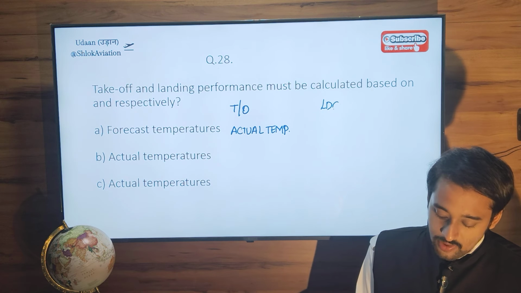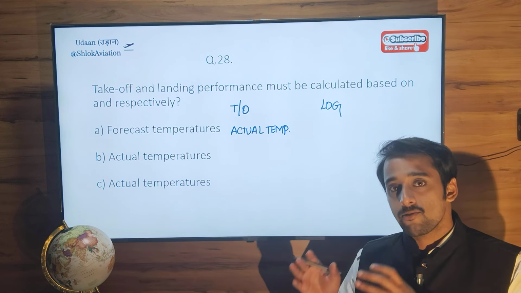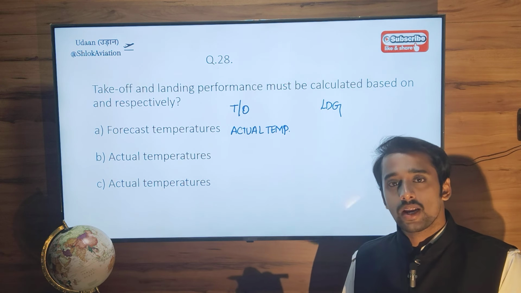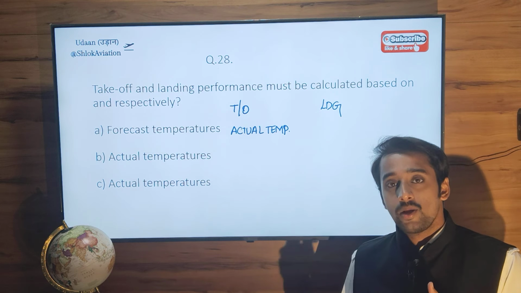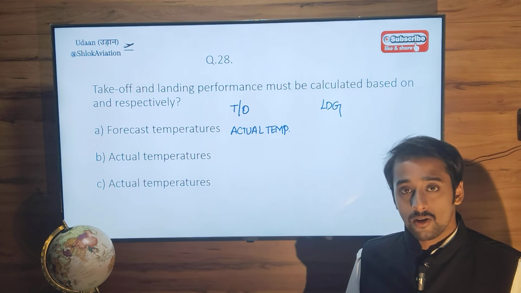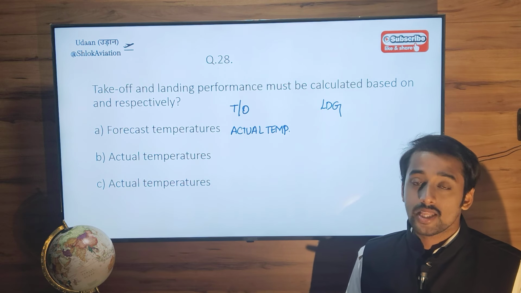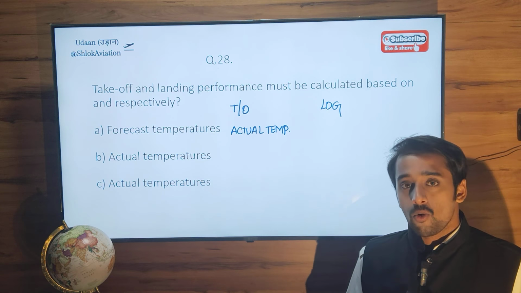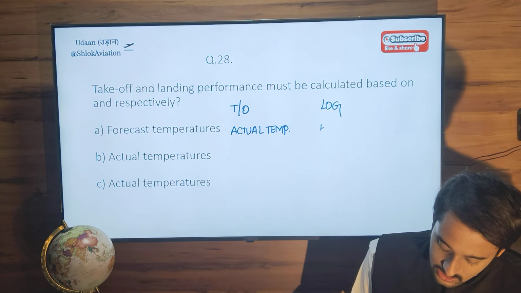And at the same place, when you are planning for your takeoff, you will also plan for your landing conditions. Now, when you are going to land, you will land after 1 hour, 2 hours, 3 hours. So at the present moment, you won't have information which is current or updated. All you will have is forecast.